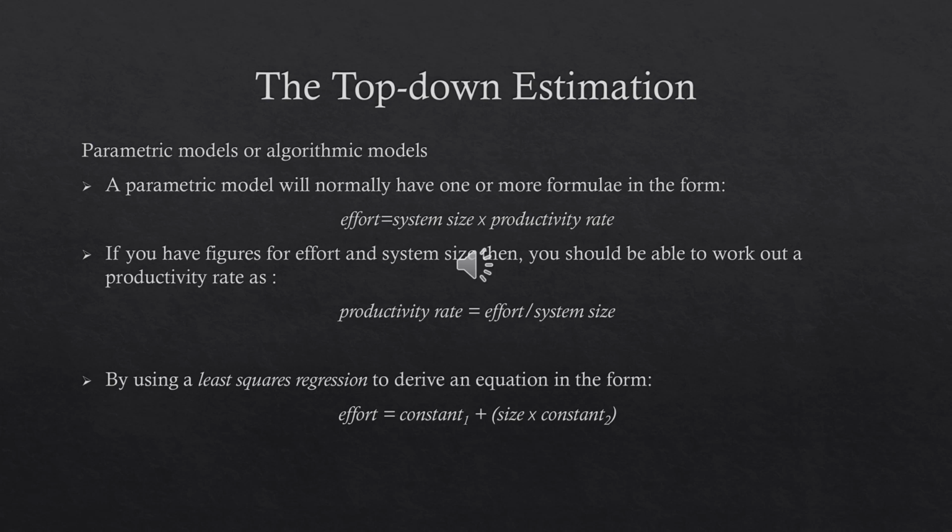So such parametric models or algorithmic models are mainly the top-down approach or top-down estimation technique. Here we are calculating the overall effort required based on some characteristics or parameters of the system. That is about the top-down approach. Okay.